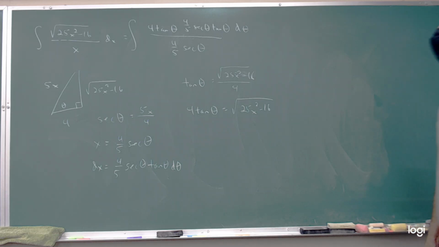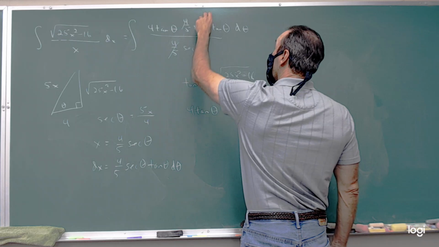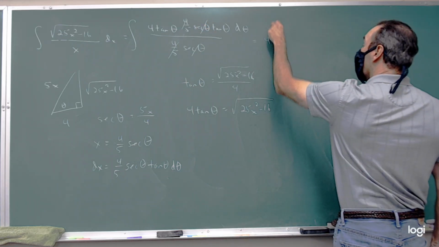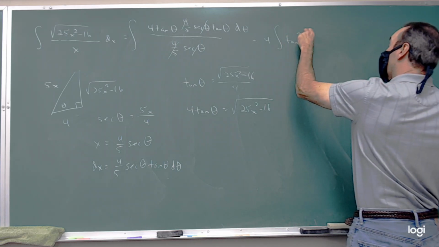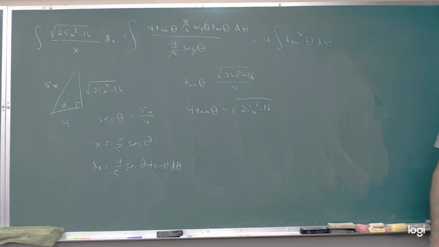So what can we cancel? I guess we get rid of the 4/5. We can get rid of that secant. Yeah, good. The 4 we can pull out. And now we're back to the stuff we were doing in section 7.3, where you have that sheet if you need it. Does that look okay? You remember what to do with tangent squared?